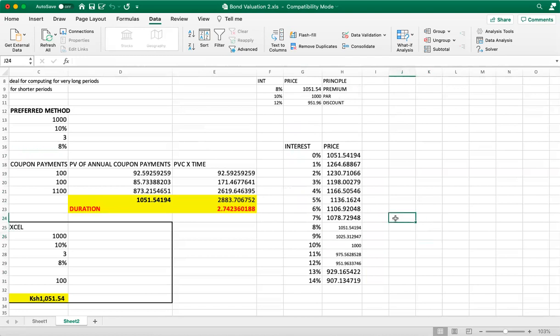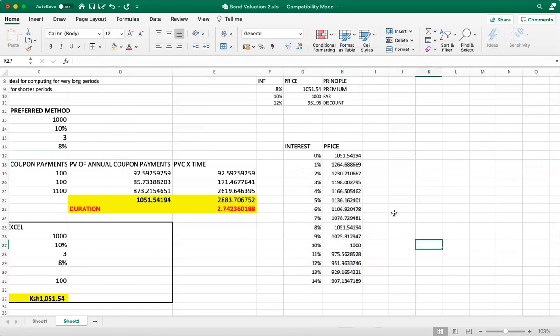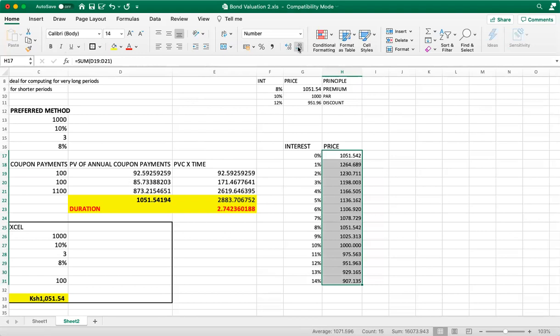So we can confidently say, let me increase the font, we can confidently say the computation is correct. Reducing the decimal places: all you do is highlight, and then you come to this.